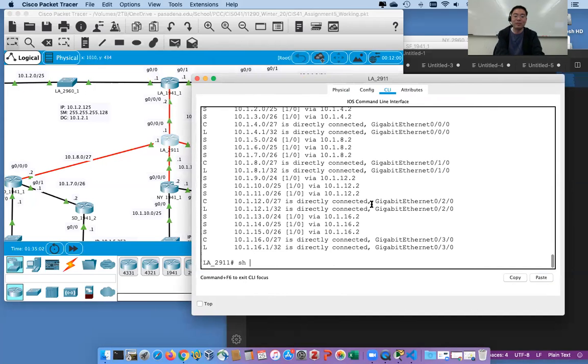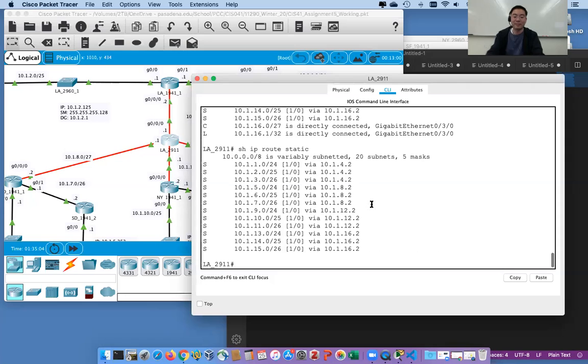We can do show IP route static for all of our static routes.